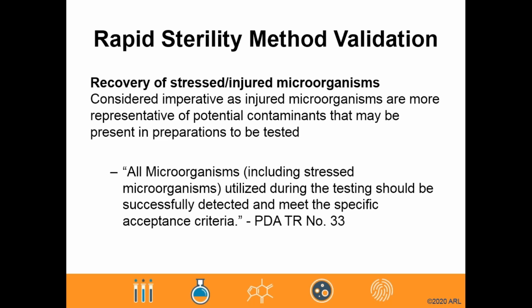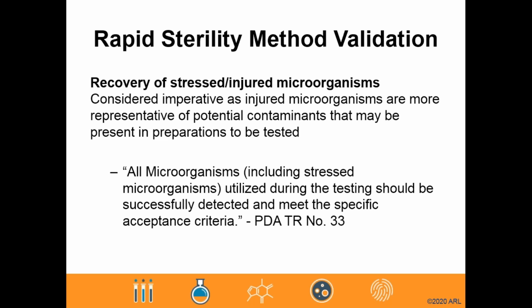Some of these methods are to expose microorganisms to certain environmental conditions, such as UV, heat, cold, adjustments to pH, certain antimicrobial conditions, such as exposing them to disinfectants, or to put them through sublethal sterilization conditions. Either concurrently or prior to testing, these stressed microorganism cultures should be plated and enumerated to ensure reduction in viability.